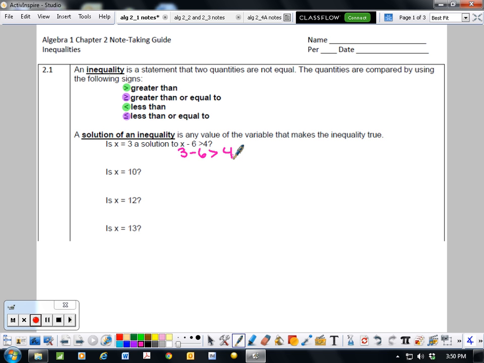So 3 minus 6 gives me negative 3. Is negative 3 greater than 4? I have to know what those symbols mean so I can actually decide whether this is true or not. And since I know from the number line that negative 3 is not to the right of 4, this is not greater than, and so it's not true, or not a solution.